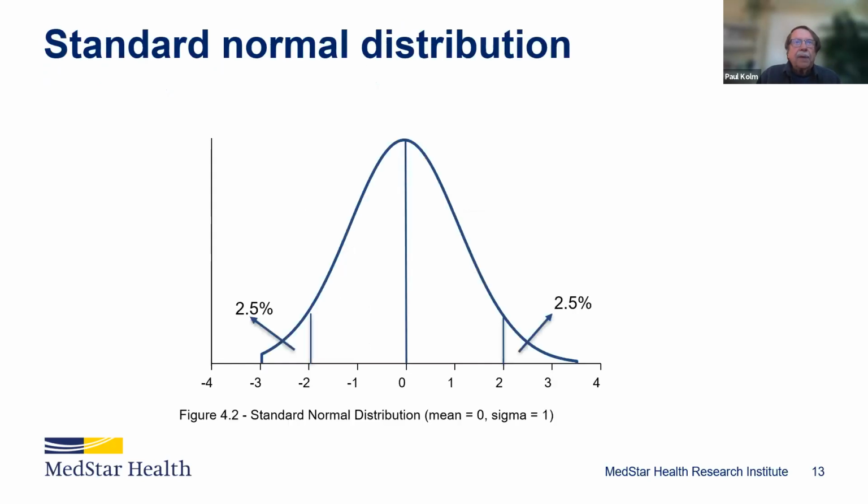If we are looking, say, at the standard normal distribution here, remember that we've got 2.5% in each tail. So that's doing what we call a two-sided test. If it's just a one-sided test, then the entire 5% is in one or the other ends of the distribution.